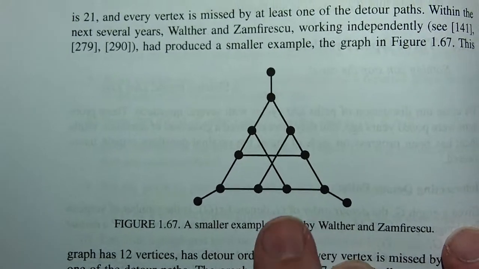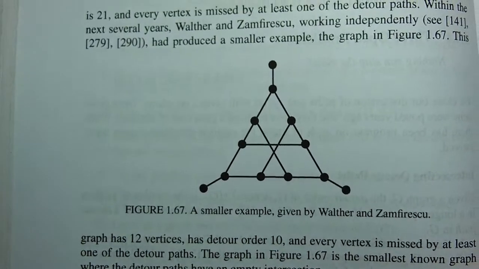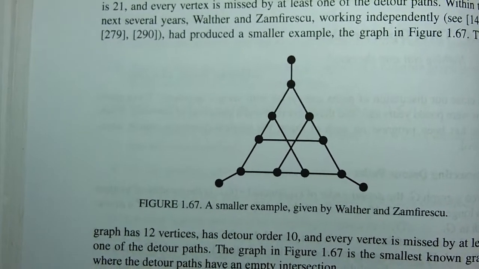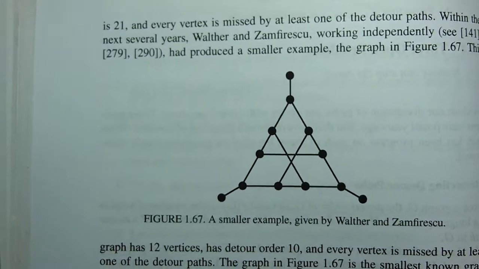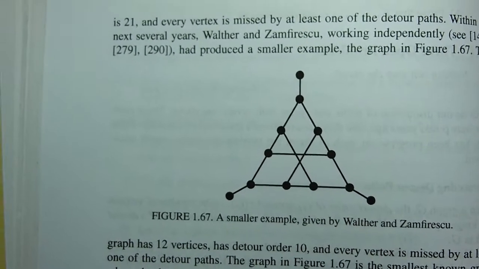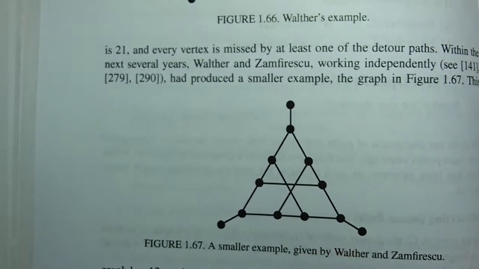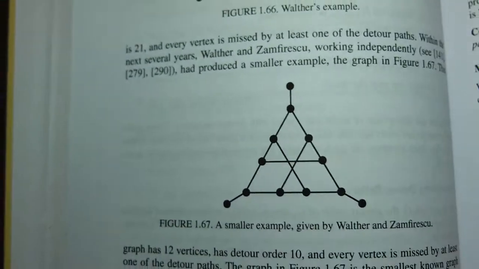It has detour order 10, and every vertex is missed by at least one of the detour paths. So again, that intersection is, well, it's not always going to be non-empty. In fact, there's not a single vertex that lies on every detour path.